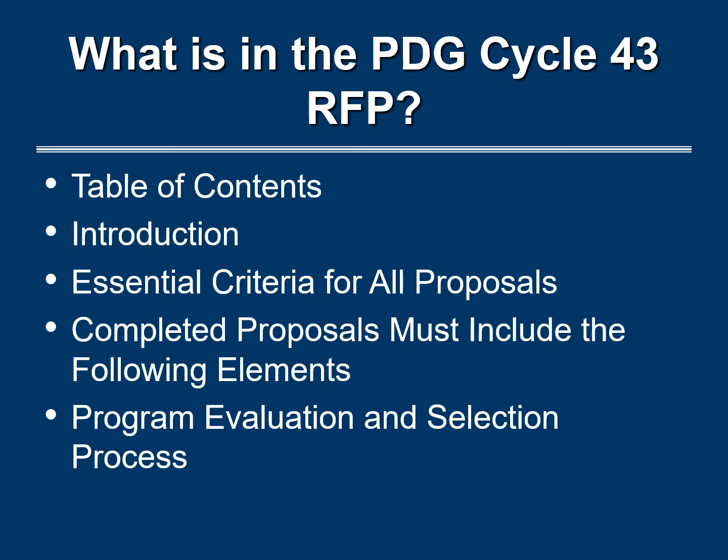The PDG Cycle 43 RFP contains many sections, including the table of contents, introduction, essential criteria for all proposals, what completed proposals must include, and the program and evaluation process.